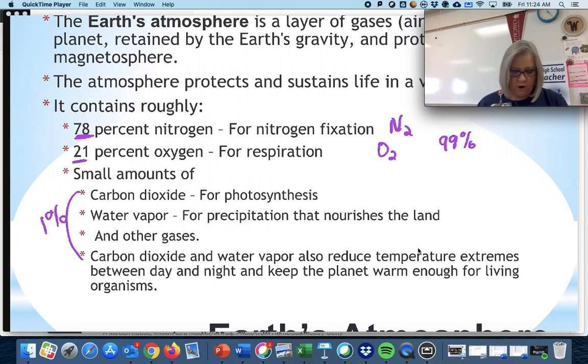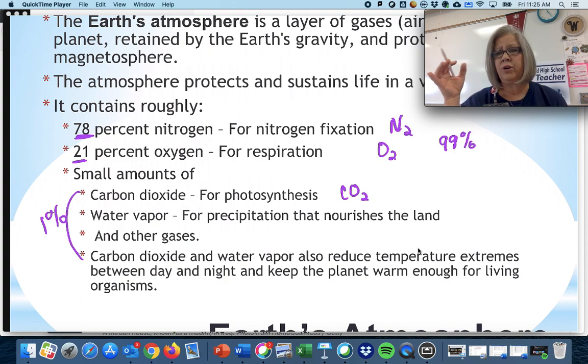Now, if you think about carbon dioxide, CO2, as it is in the atmosphere, the plants use it for photosynthesis. Notice what else carbon dioxide and water vapor do. They help to reduce temperature fluctuations. So if you think about the moon, for example, the moon has virtually no atmosphere whatsoever. When the moon's surface is facing the sun, the temperatures are astronomically high, like several hundred degrees.